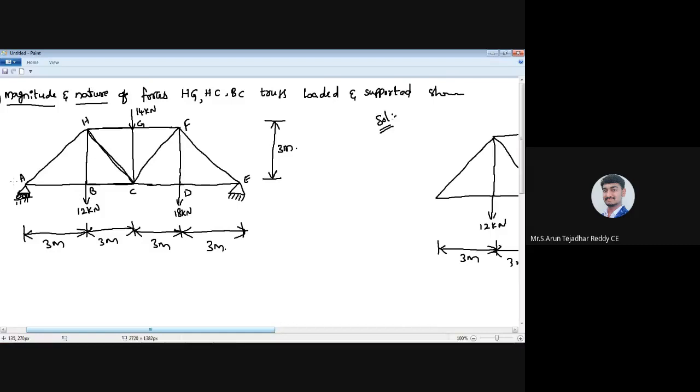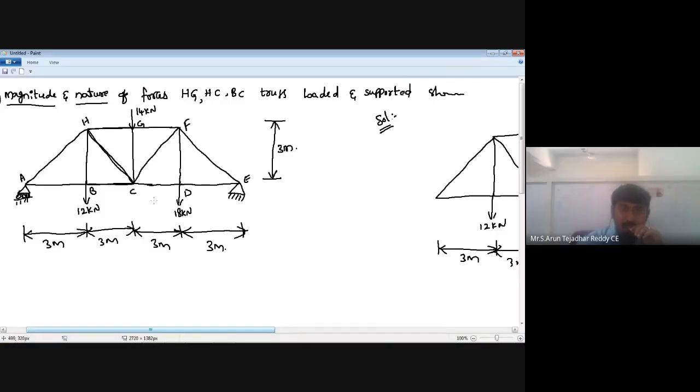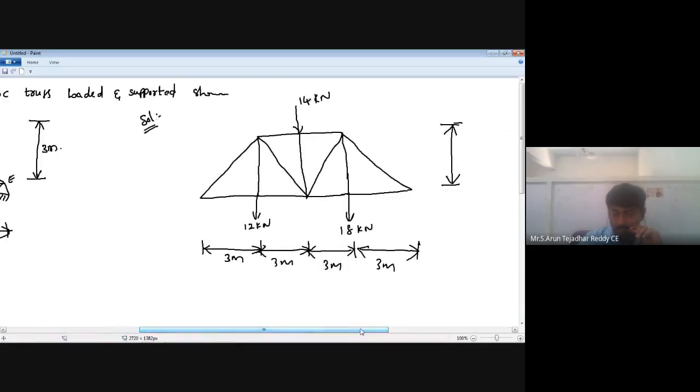The first point is replace the supports with reactions. So here totally two supports, at point A it is having roller support, at point E it is having hinge support. So remove that support and give reaction.